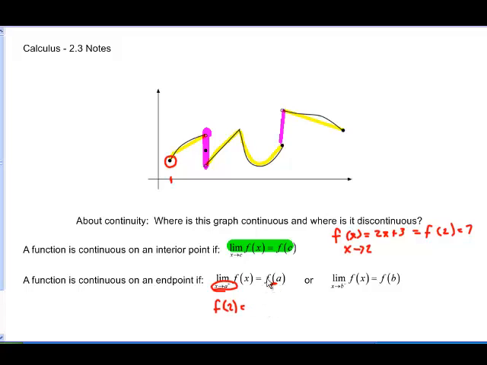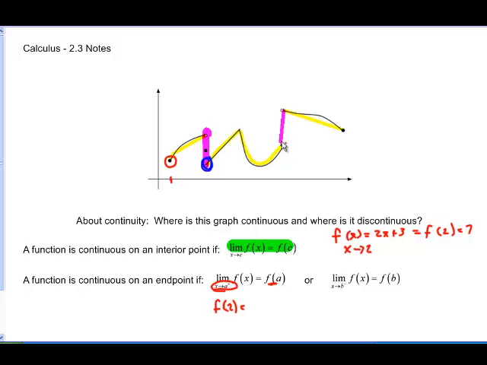And these are easier to see when you dig into problems, but notice the difference between this function right here and that open hole right there. That is not continuous, because as you come in from the right, we go to a place where we can't define our function at that specific point. The same thing as you're coming in from the left.